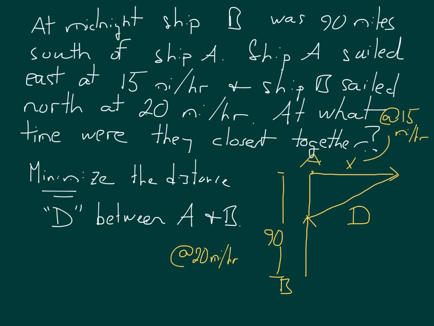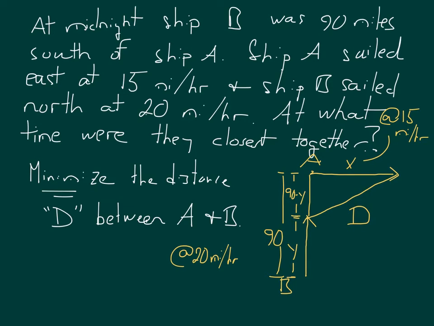So if we let y be this distance here, so the distance traveled by ship B at time t, then the distance that I've just drawn is 90 minus y.